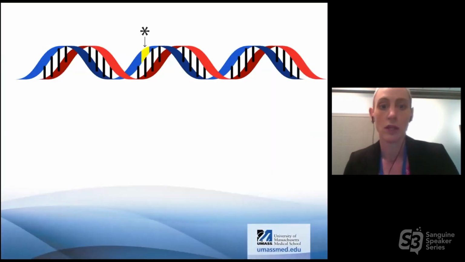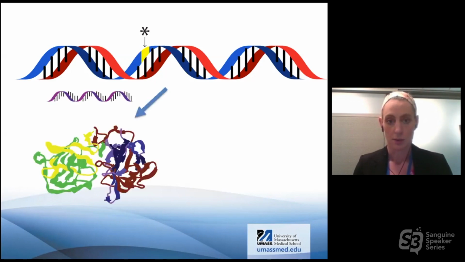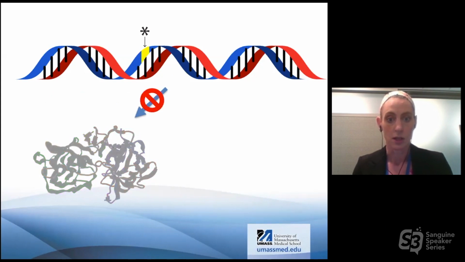Okay, so what I'm showing you here is a piece of DNA. The root cause of genetic diseases is a change in DNA. The DNA is transcribed into another nucleic acid molecule called RNA, and then translated into protein.